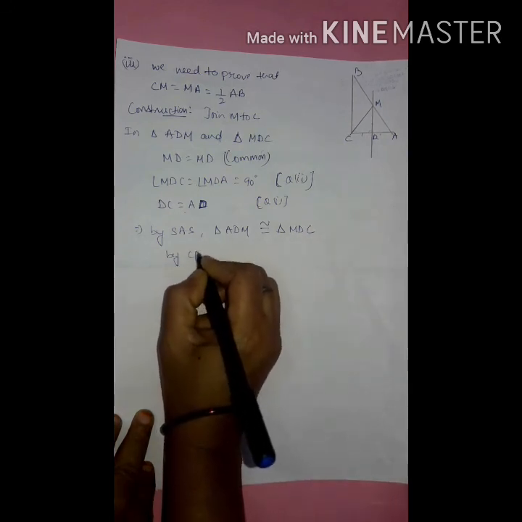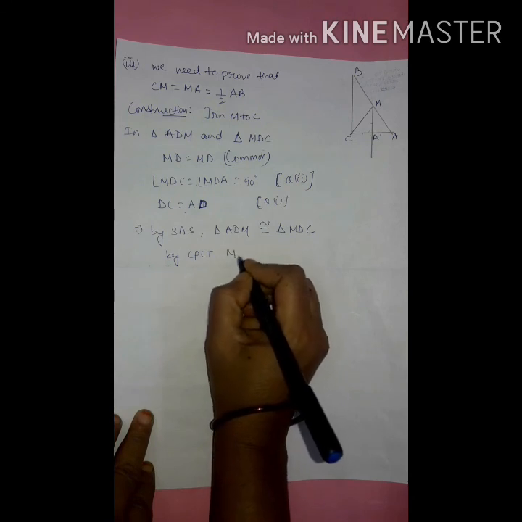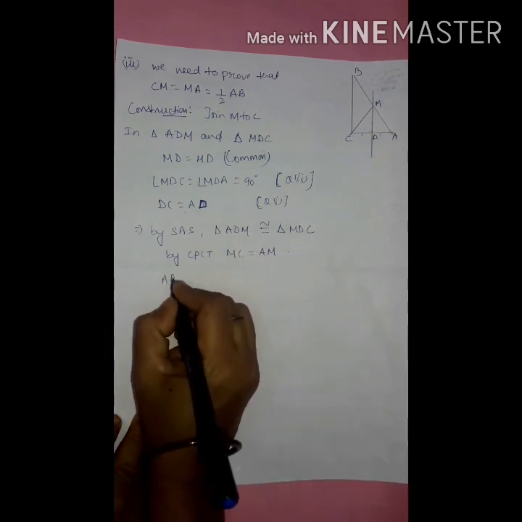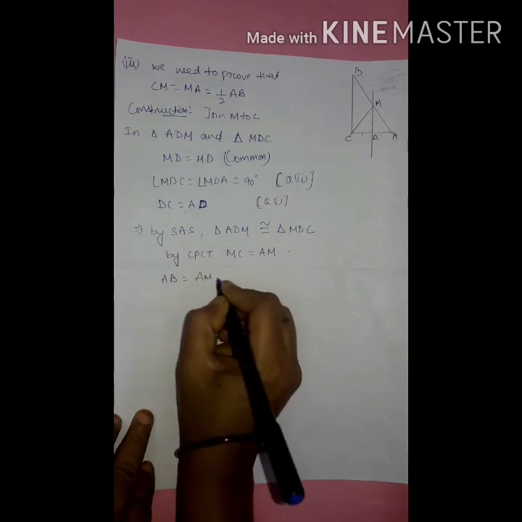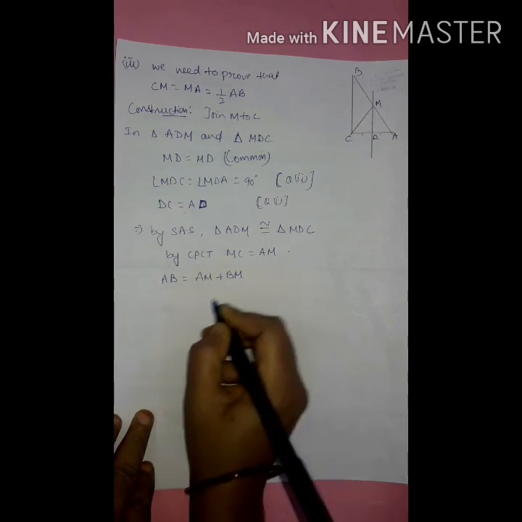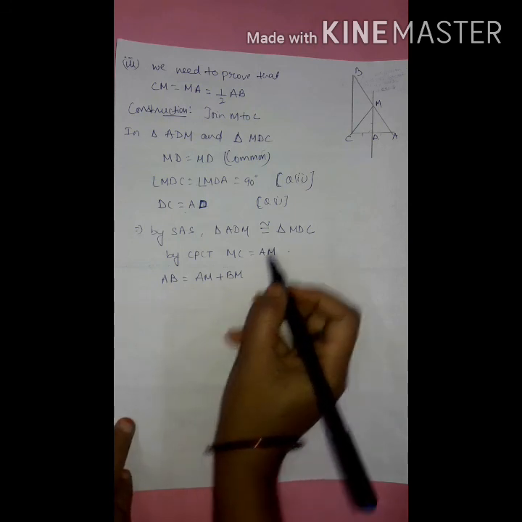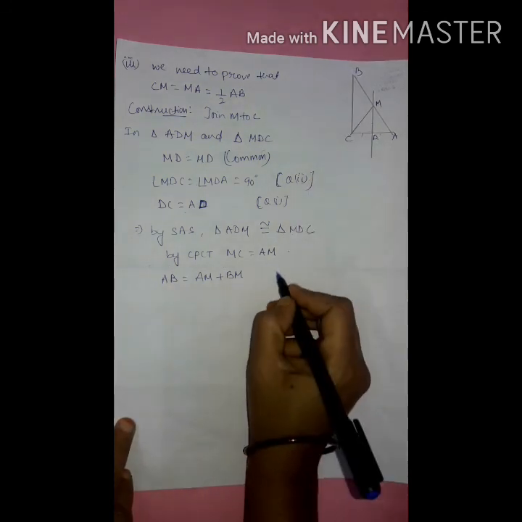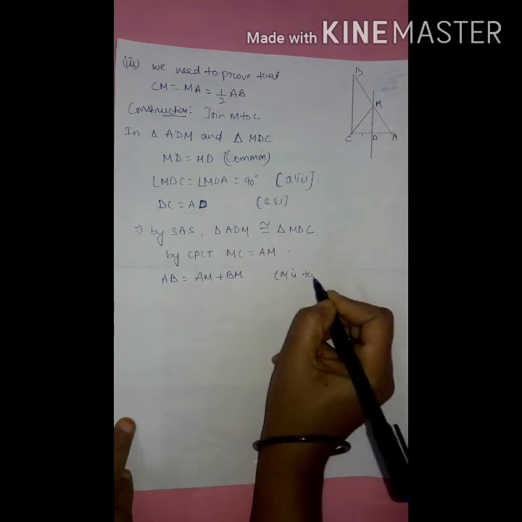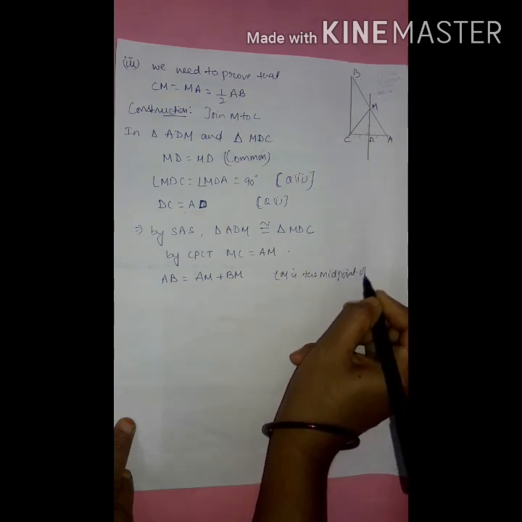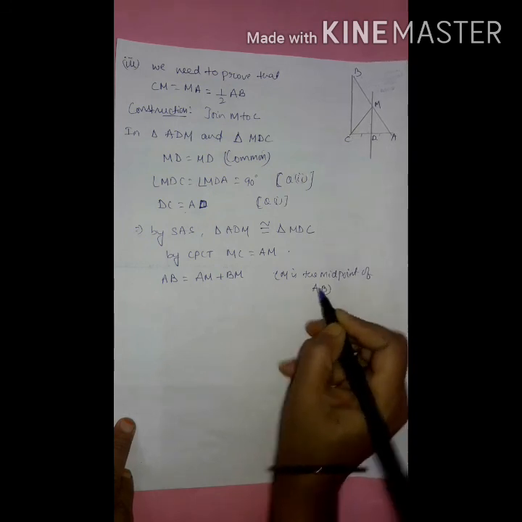So by CPCT, MC is equal to AM. We already know that AB is equal to AM plus BM. In place of BM we can write AM, because M is the midpoint of AB, it is given.